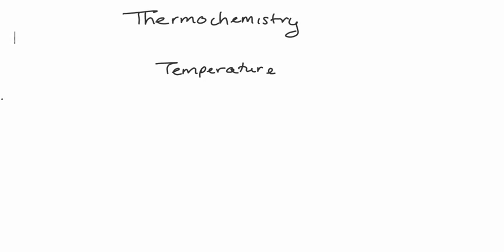Now, the term heat is one that we will be using here in chemistry, and heat is abbreviated with a lowercase q, and that's the transfer of thermal energy between two bodies at different temperatures. Heat always transfers from the warmer body to the colder body. Matter can absorb or it can release heat.